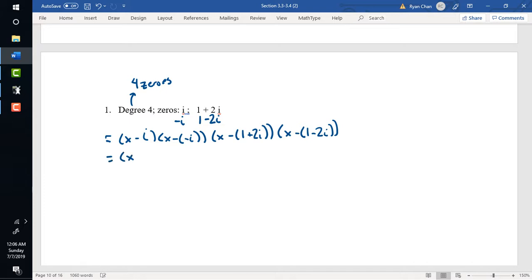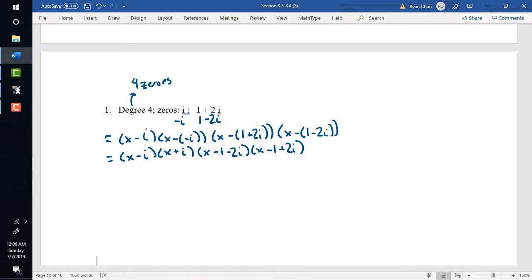Now, some of you guys are probably wondering, as I'm simplifying this, which ones do I distribute to each other? If you notice from our last problem, I essentially distribute the parentheses that have conjugate pairs to each other. So x minus i and x plus i, I'm going to multiply those together.